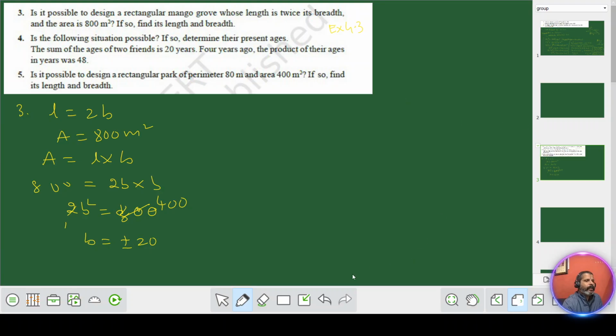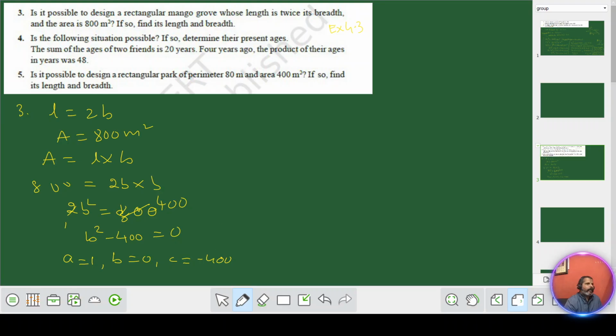Or we can say otherwise, b square minus 400 equal to 0. This is a quadratic equation ax square plus bx plus c, where on comparing it with ax square plus bx plus c we get a equal to 1, because b square itself is a quadratic variable here. b is 0, c is minus 400.